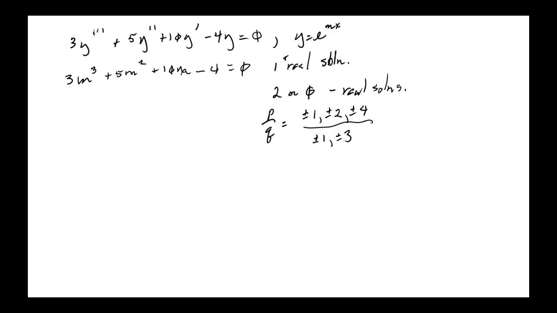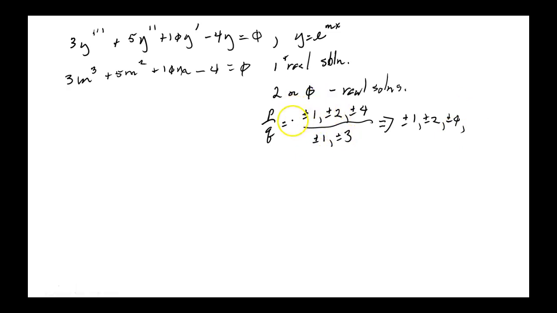Now, this is how I do it anyway, some books do it slightly differently. Here are all the possible factors. I like to start with the integers, and that would be plus or minus 1, plus or minus 2, and plus or minus 4, when they're divided by plus or minus 1. Then deal with the fractional forms.